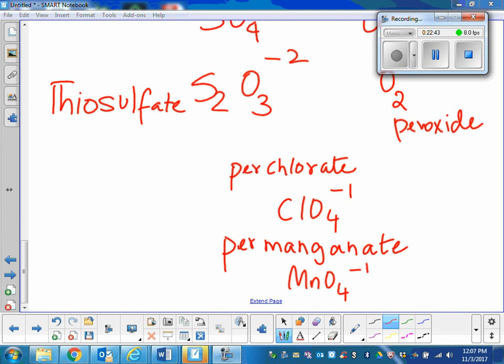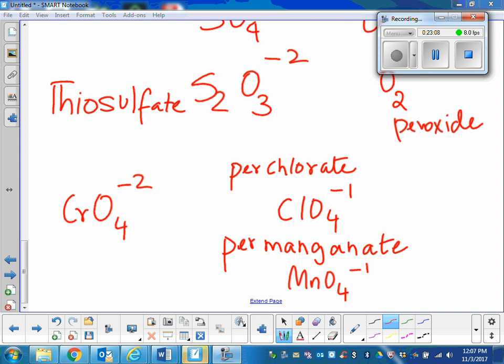There are two more on this list that you have to know. And remember, chromium is again a metal. It's not a non-metal. So chromium is very different. Phosphate is PO4, but the charge is a -3. But chromate doesn't have that.